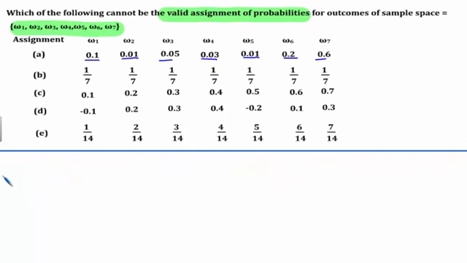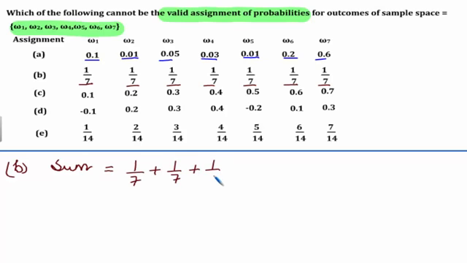Now let us move on to the second part. Here again we can see that all the values are non-negative. Now we have to find their sum. Sum is equal to 1 upon 7 plus 1 upon 7 plus 1 upon 7 plus 1 upon 7 plus 1 upon 7 plus 1 upon 7 plus 1 upon 7, and this is equal to 1.